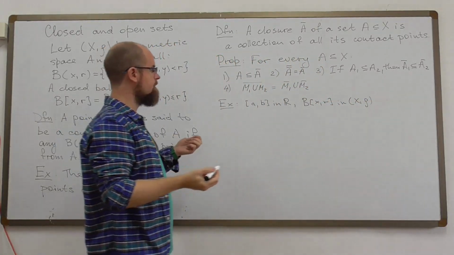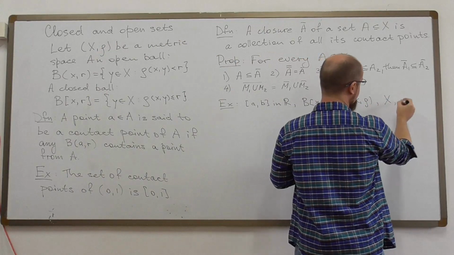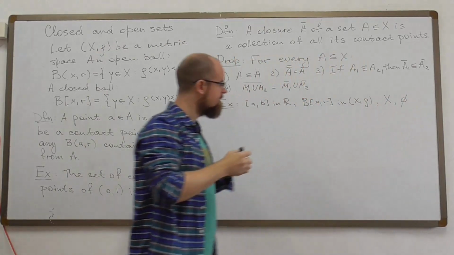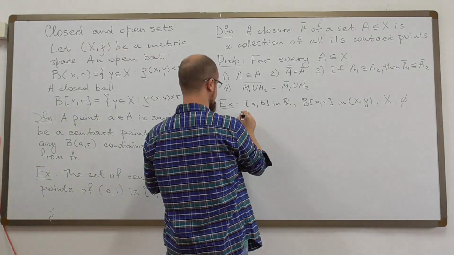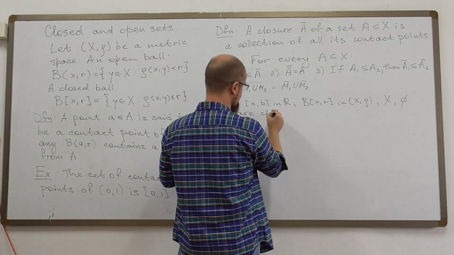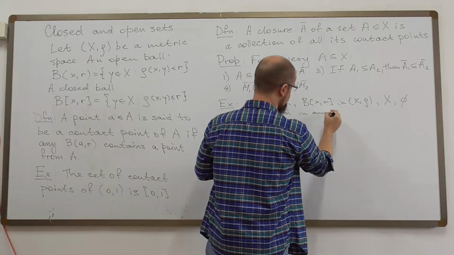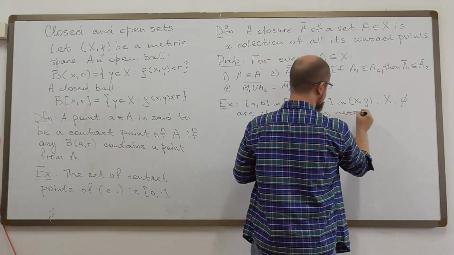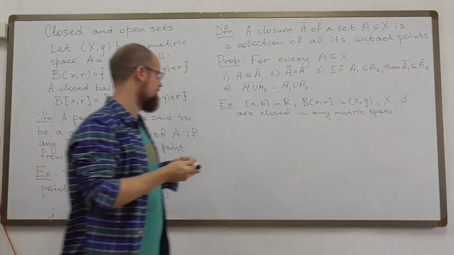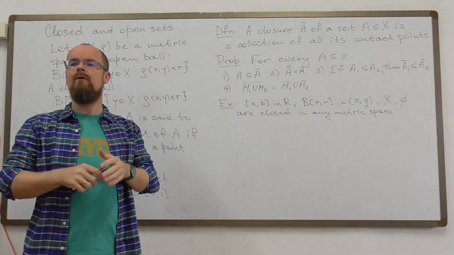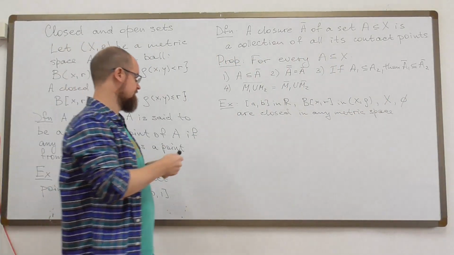And also, it is easy to see that the whole space itself and an empty set are closed as well in any metric space. Now let me state and prove two very important properties of closed sets.